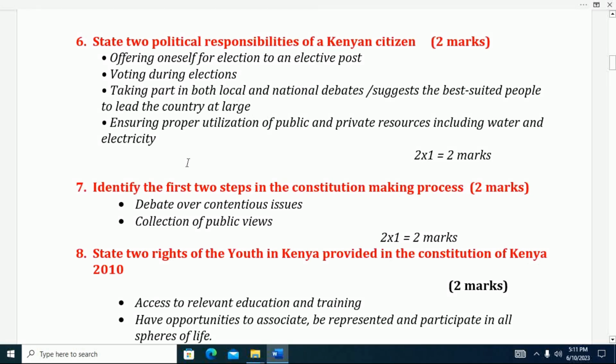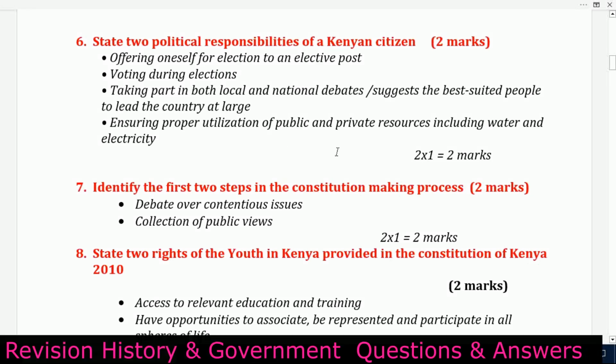Next, ensure proper utilization of public and private resources, including water and electricity.